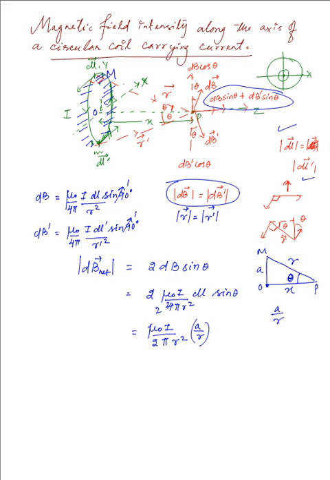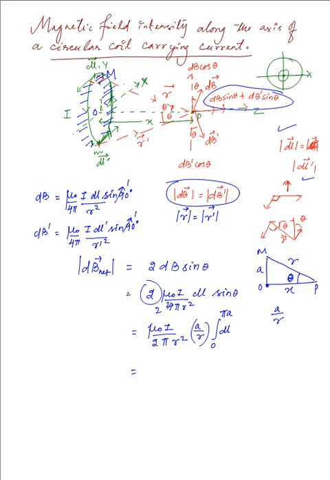dl is integrated from 0 through to half of the circumference, because we have considered two elements, each element going half of the circumference, which completes the entire coil. So we need not take 2 pi a, the 2 factor was already over here, so we need not be concerned about that.